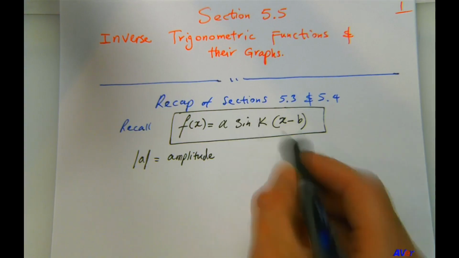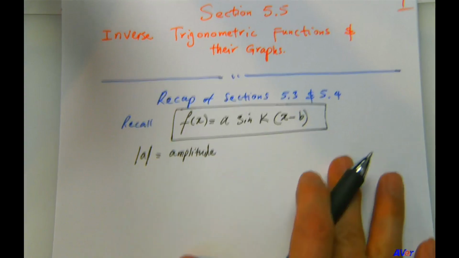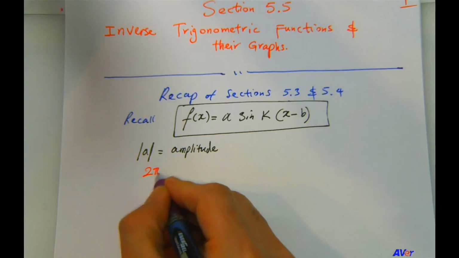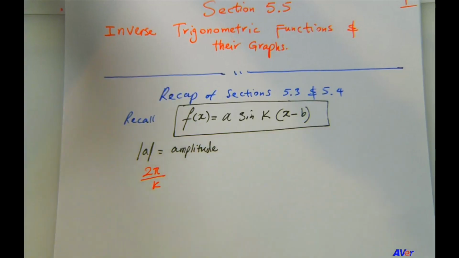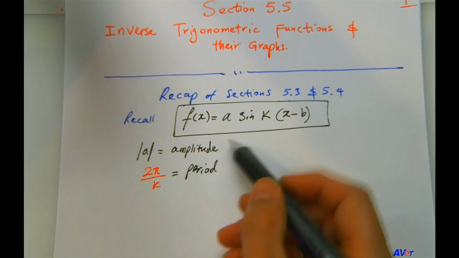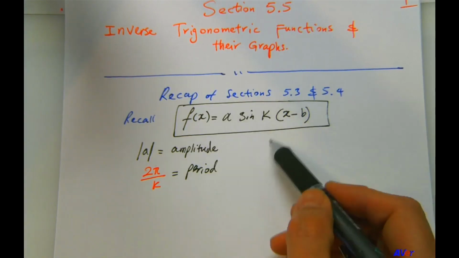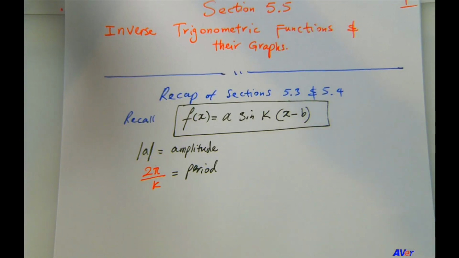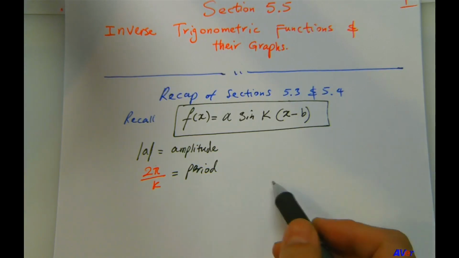We needed this k because 2 pi over k was the period, the interval over which the sine function goes through one full cycle. Okay, so that was the period.